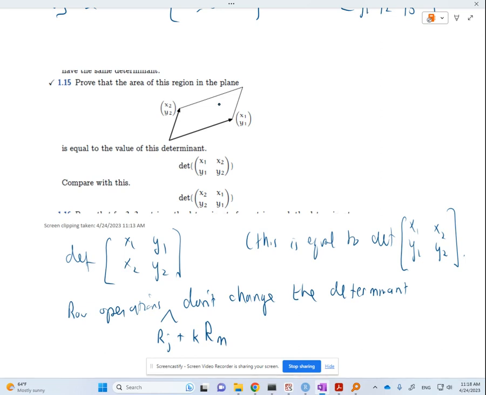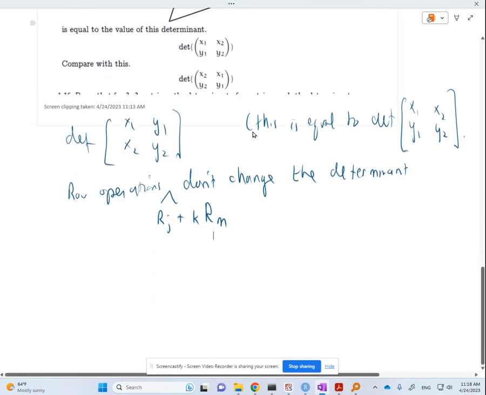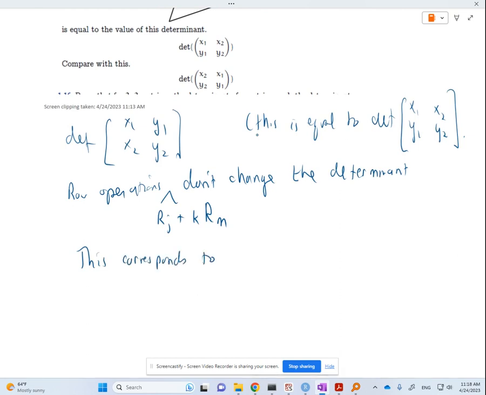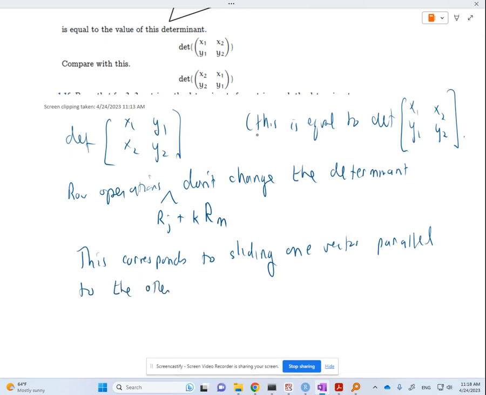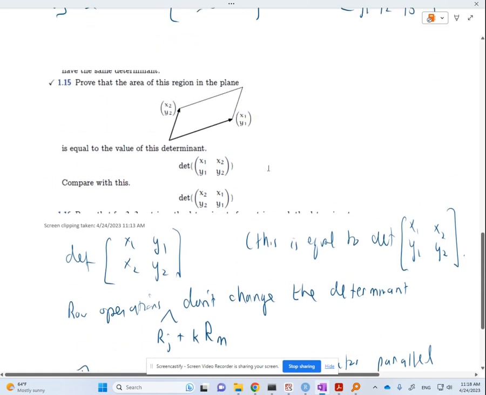All right. Now, what does that correspond to geometrically? This corresponds to sliding one vector parallel to the other vector. And you can see that here.